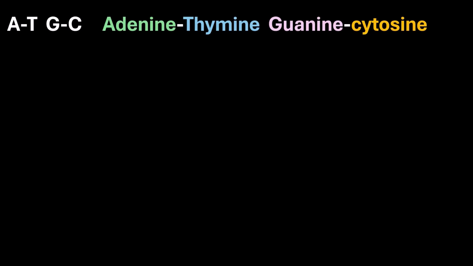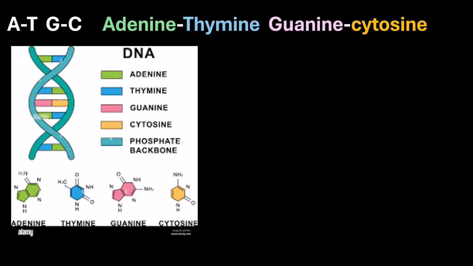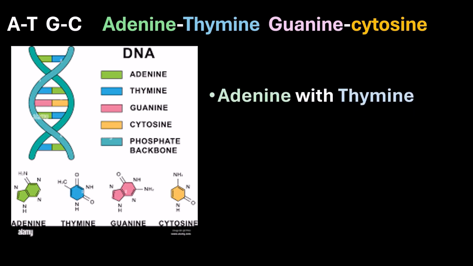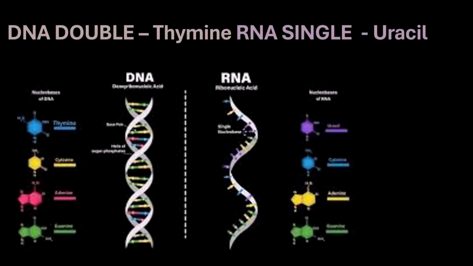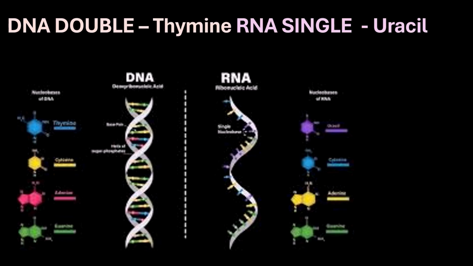Let us go to the memory tips. First one, remember ATGC for adenine, thymine, guanine and cytosine. Adenine pairs with thymine and guanine with cytosine. DNA double with thymine, RNA single with uracil.